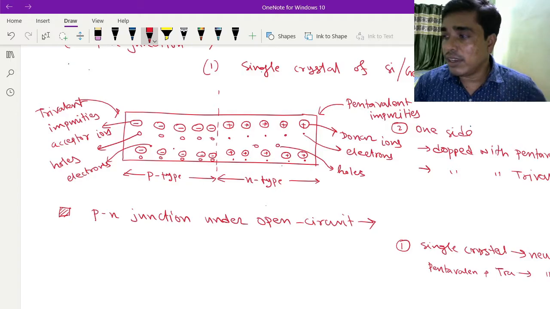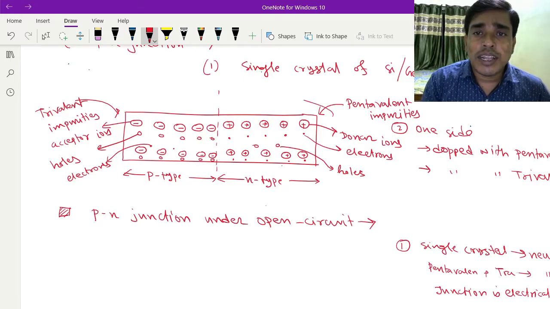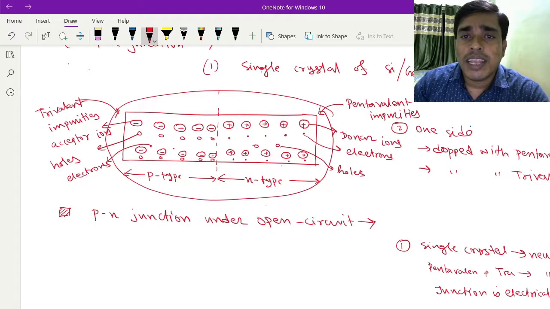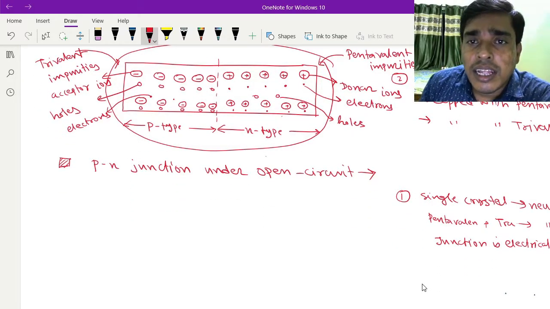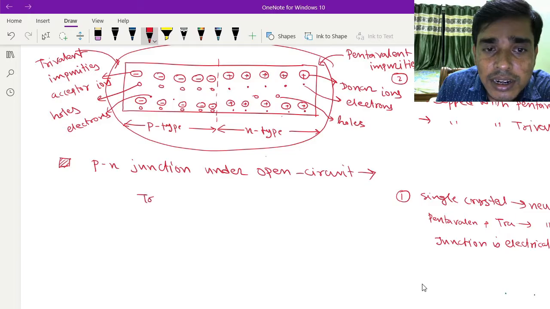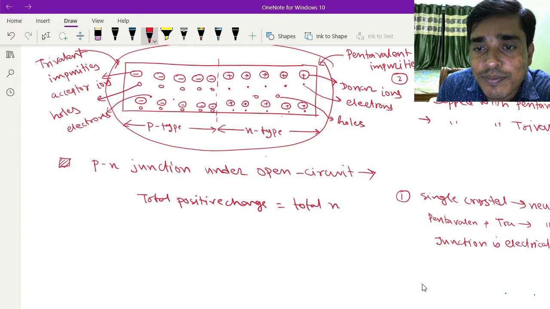The total number of positive charges equals the total number of negative charges.